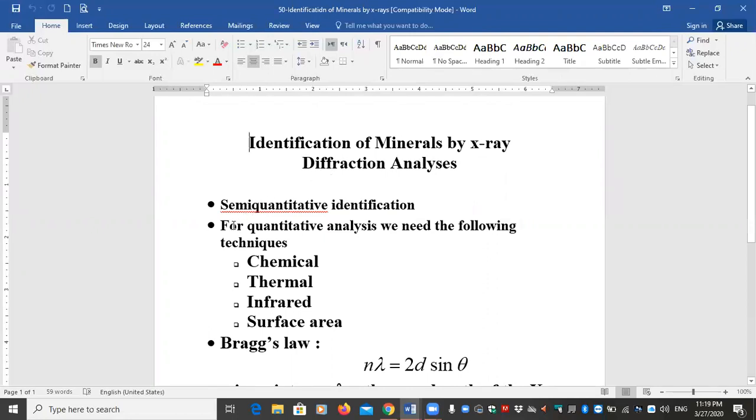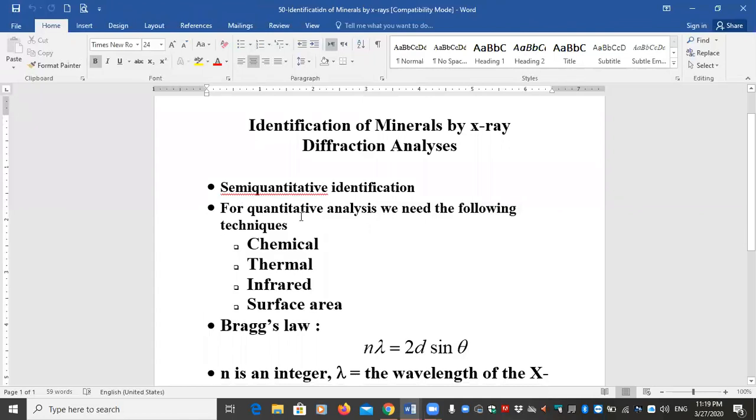So we have semi-quantitative identification. The X-ray identifies it, but it's semi-quantitative, which means you cannot measure the amount of clay you have by this procedure. It gives you an idea, very high, very low, small amount, large amount only. For quantitative analysis, we need the following techniques.